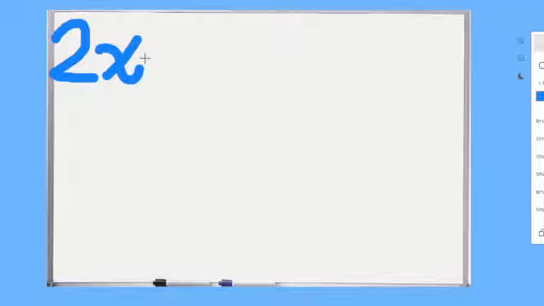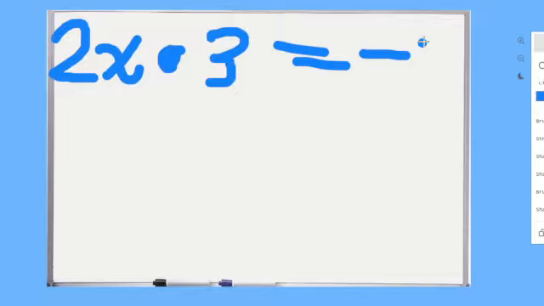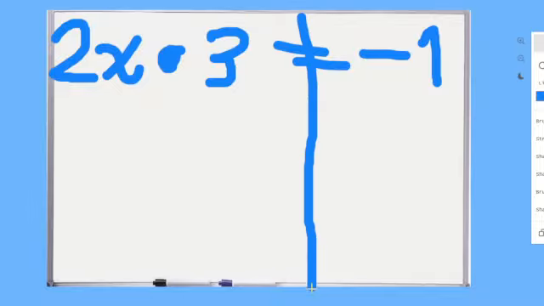So we're just going to show this simple example. 2x times 3 equals minus 1. Okay? Put the line down the middle. Oh wait, that's not right.